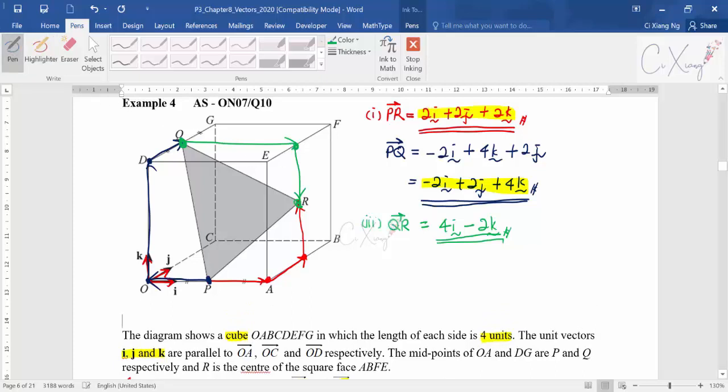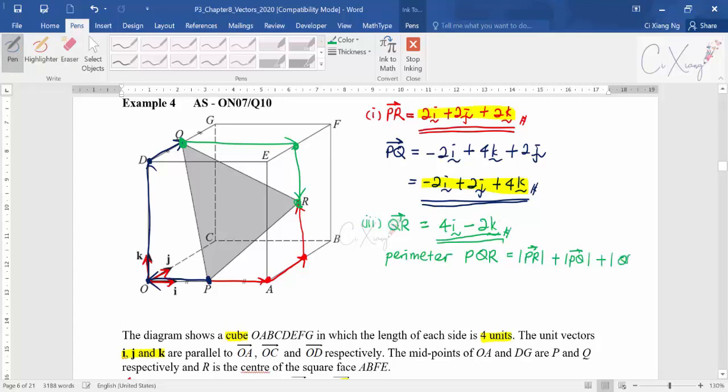Then after that, if I want to get the perimeter of PQR, what can I do? If I want to get the perimeter of PQR, it is actually equal to the magnitude of PR plus the magnitude of PQ, and also the magnitude of QR.